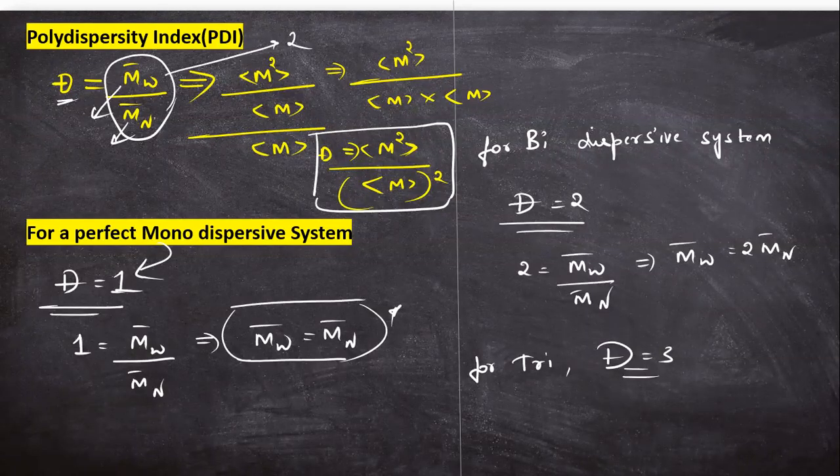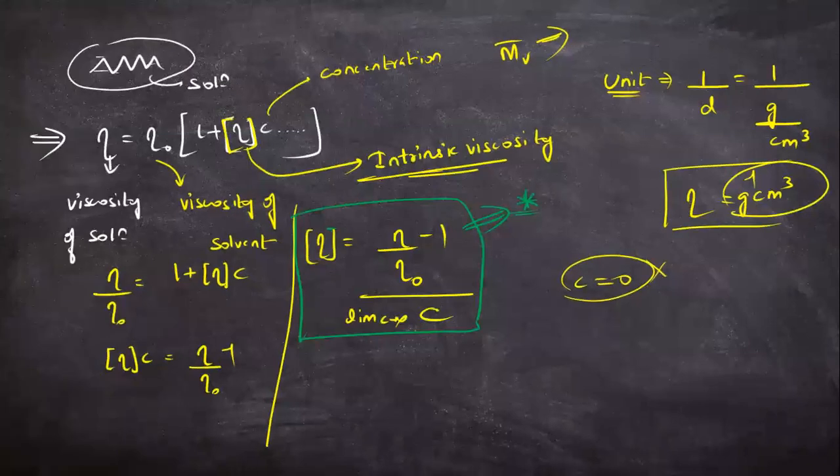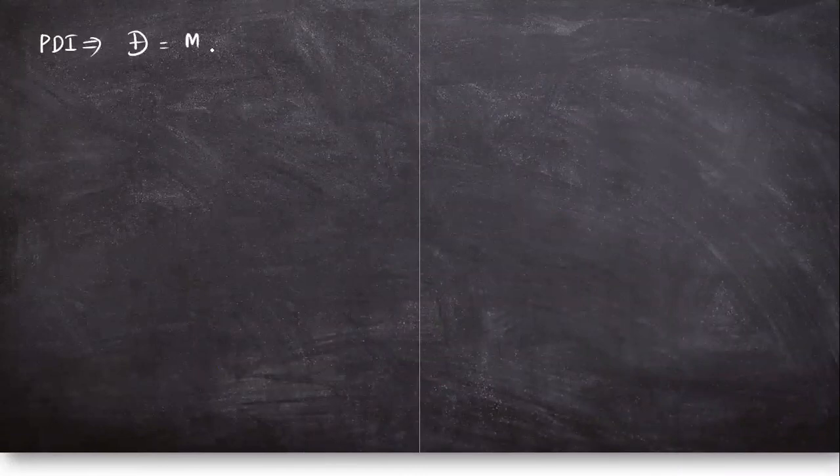Okay. So what we had discussed in the previous class, guys, let's go with a quick recap. So we had seen polydispersity index, right? Polydispersity index, we simply write it as PDI, which can be written as D stroke, which will be equal to weight average molecular mass divided by number average molecular mass.